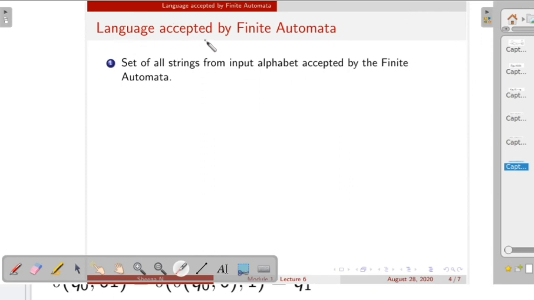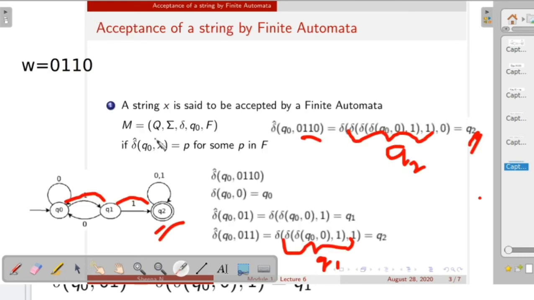Next, what is the language accepted by a finite automata? Language means the set of all strings from the input alphabet accepted by the finite automata. In the previous example, we were given only one string, 0110, and we checked that this string is accepted by this automata.